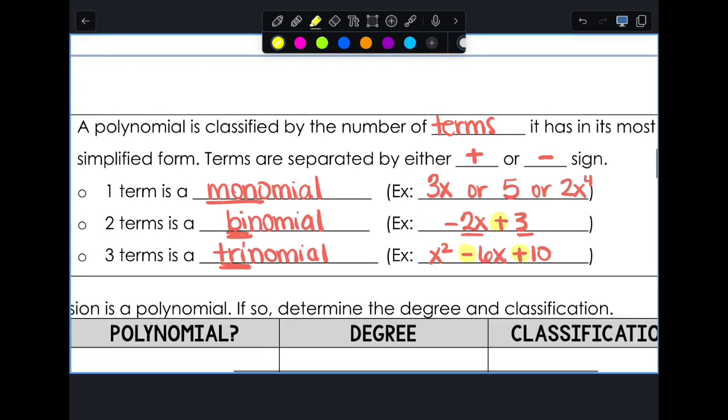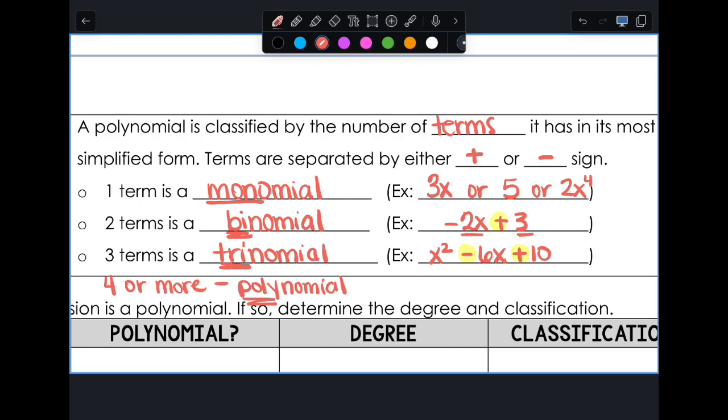But, once again, they're still polynomials. Anything other than 1, 2, or 3, anything other than those specific names, so like 4 or more, you're just going to refer to them as polynomials. Poly means multiple, okay?